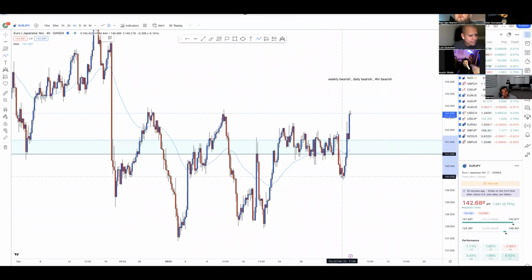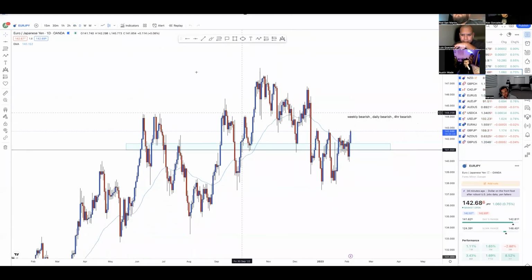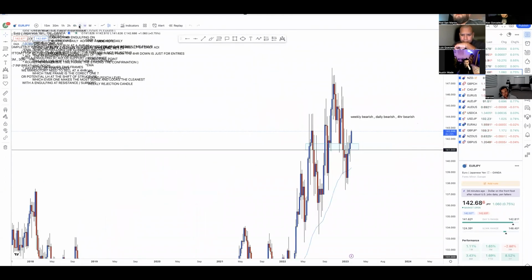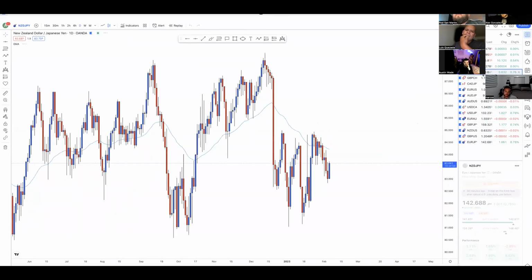Once you get the break, then you need the pullback, and once you get the pullback, we need to shift the structure to take the sell down. It never happened, so never take the trade. That's why you've got to stick to your trading plan, stick to your rules. As of right now, if we were to react and adapt, we can maybe look for longs, but I'm good. Looks a little choppy. Just throw it to the bottom.